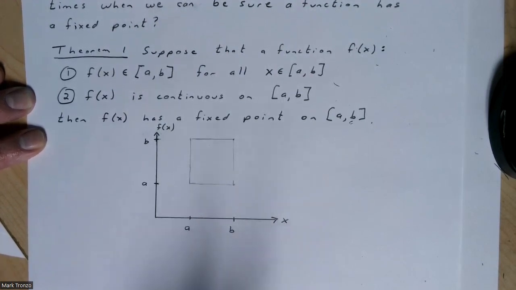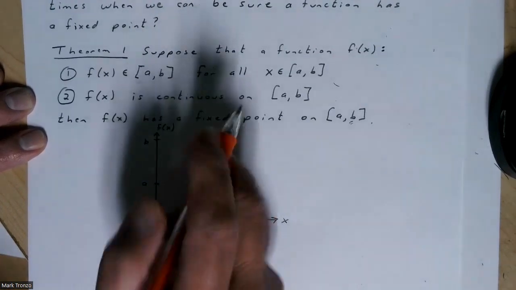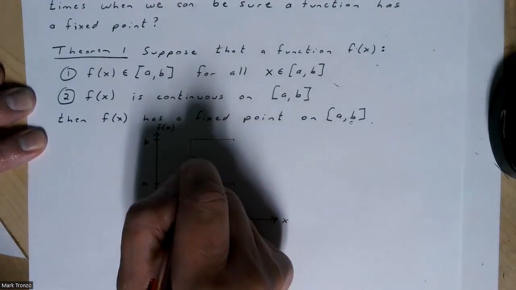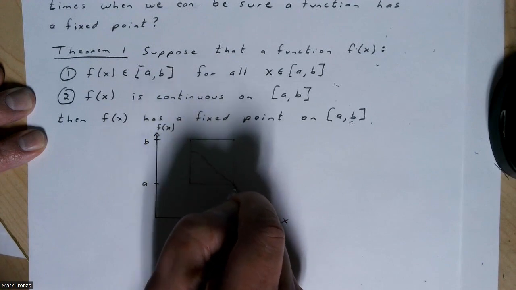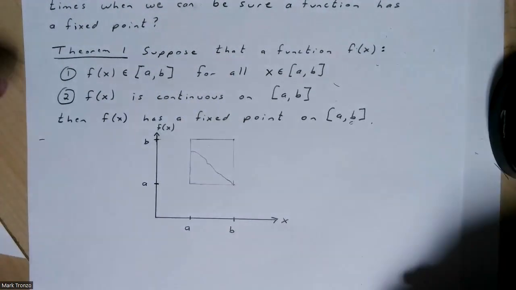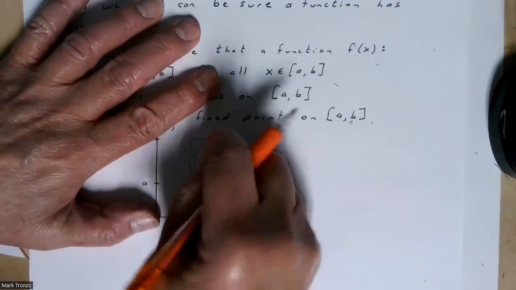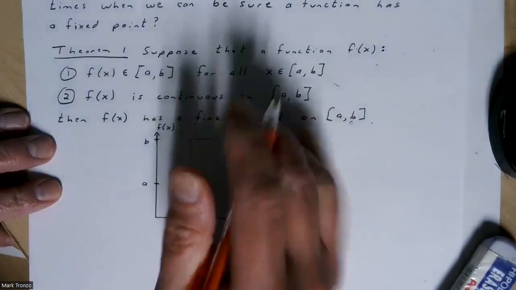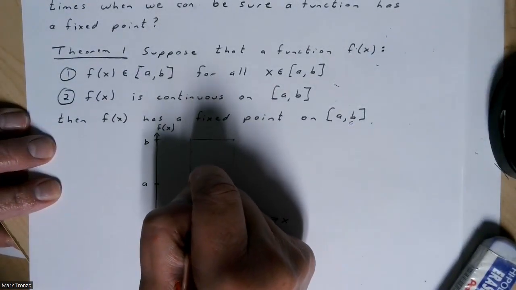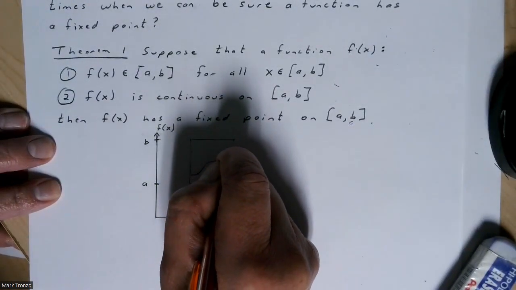So what it might look like, you might have a function, who knows what it might look like. It could be something like this, or maybe something, who knows, like this.